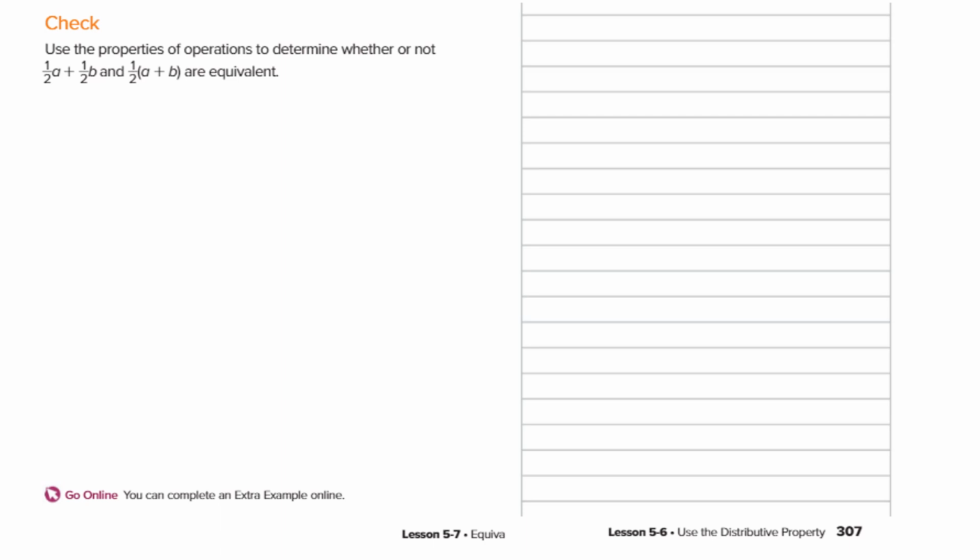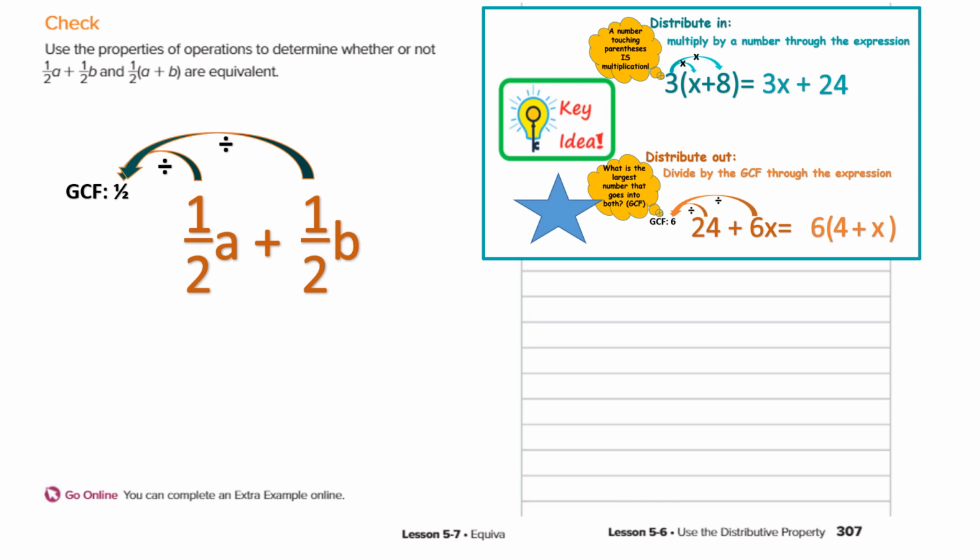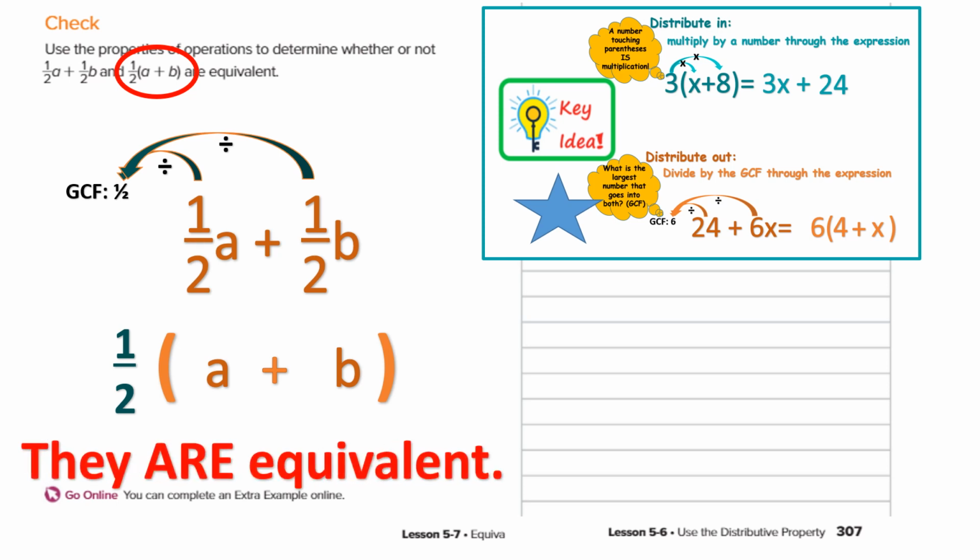And I see that there's a 1/2 and a 1/2 with A and B. So if I distribute out on that first one, I find my greatest common factor of 1/2, then I know I can divide each of those by 1/2, or basically just remove it, get rid of it since it is the same number. Then I have 1/2 on the outside, and then I'm just left with the A plus the B on the inside. And notice what the second one is equal to. So they are equivalent one to another.